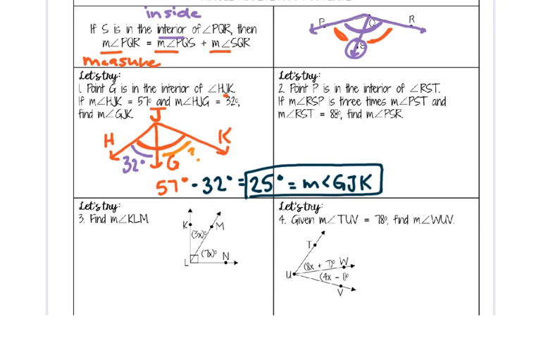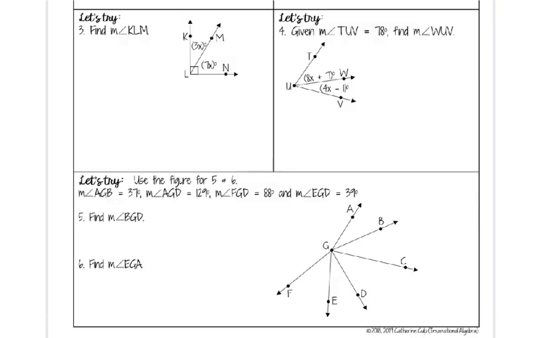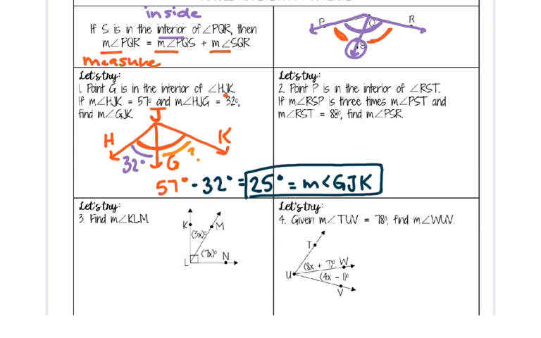The measure of TUV equals 78. So TUV, the entire thing, is 78 degrees. And we know that these two things added together will be 78 degrees. So that means that 78 degrees equals 8x plus 7 plus 4x minus 1.